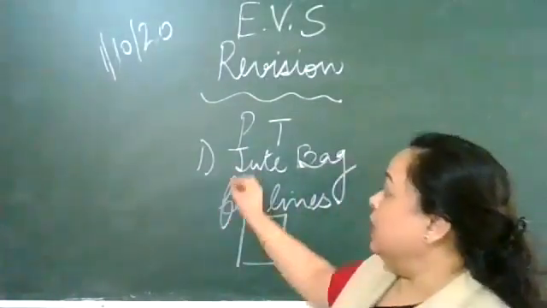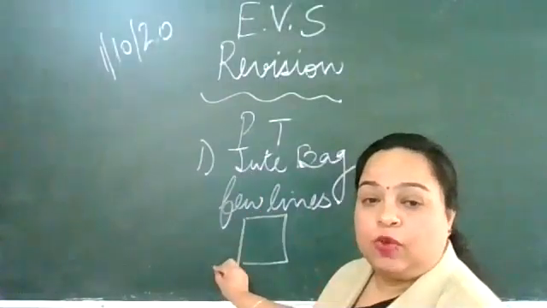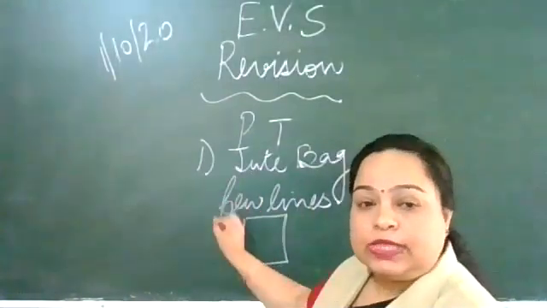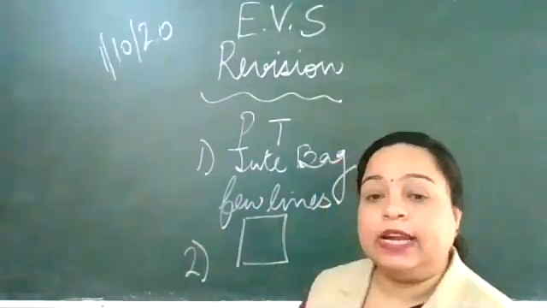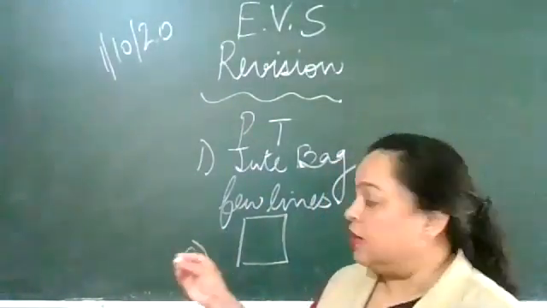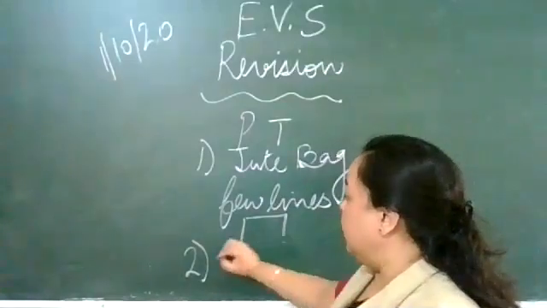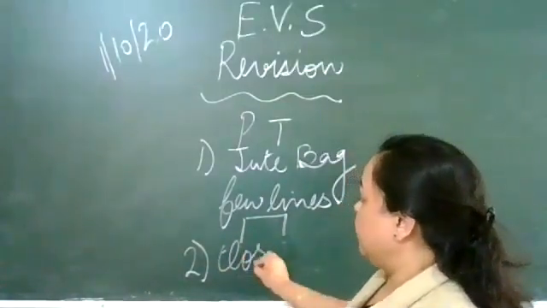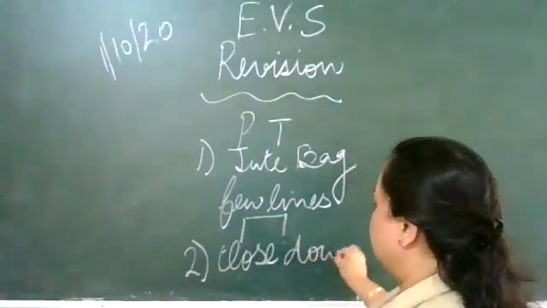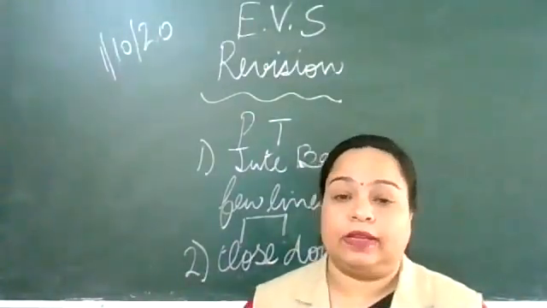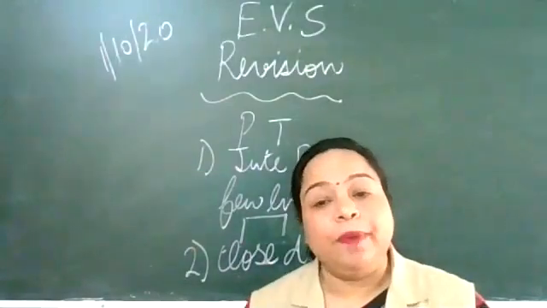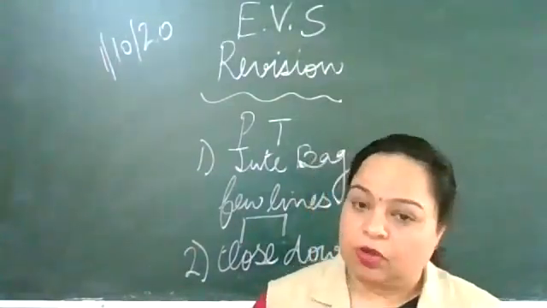Then on the next page, this is the first page you are doing. You can take the second topic. The second topic is, suppose, close down the running tap. Now, closing down the running tap is your second topic. You can take a new page, or you can utilize that page also.